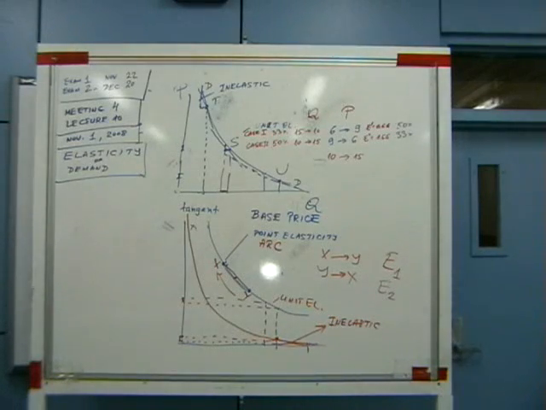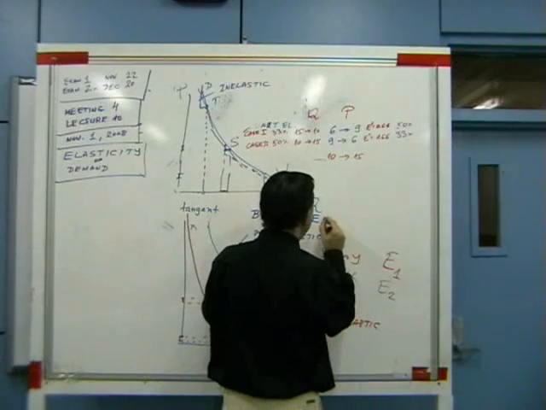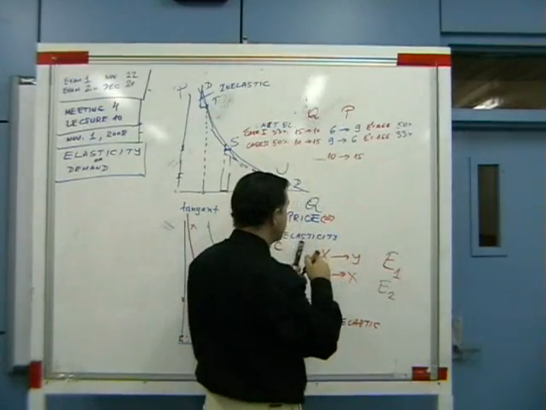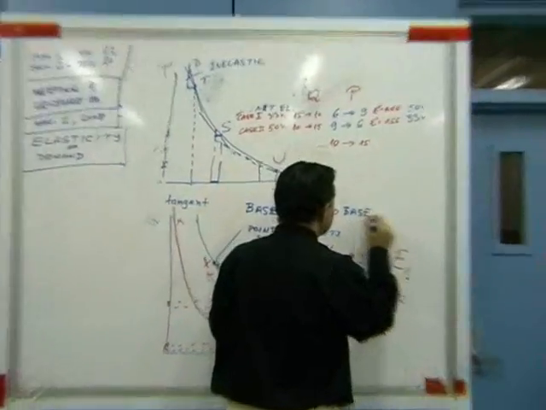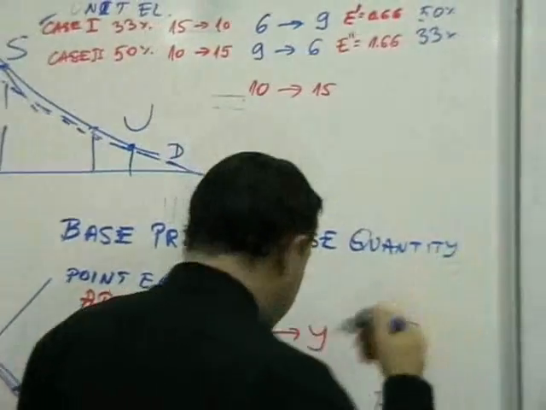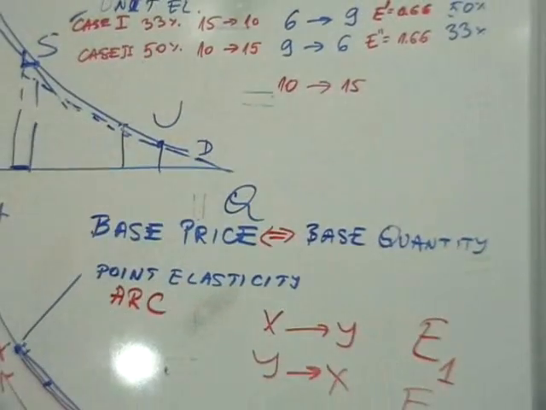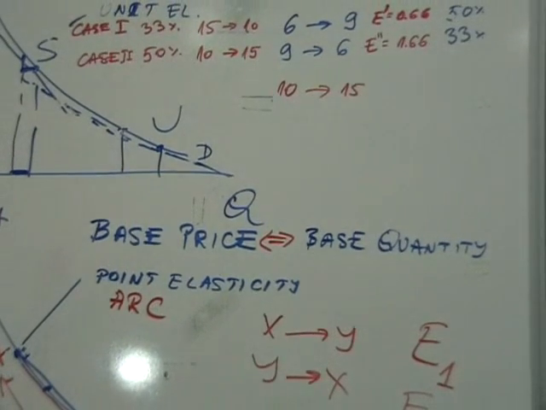So, base price. And of course, to base price always corresponds the concept of base quantity. Simple as that. We call it arc elasticity, and we also call it point elasticity.